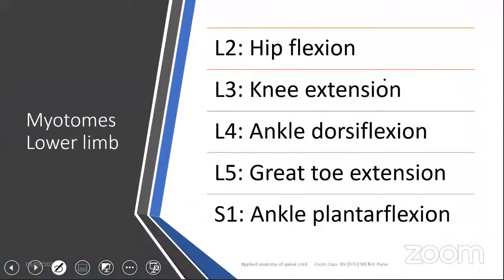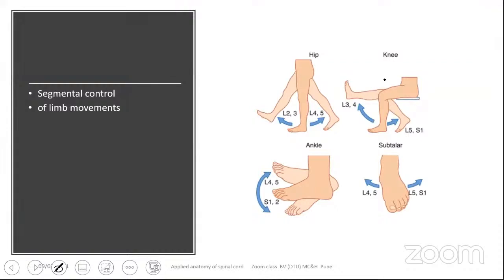And similarly, the elbow joint is showing its excursions, and similarly the wrist joint is showing, along with the digits. In the lower limb, hip flexion is by L2, that is iliopsoas and pectineus muscles. Knee extension is L3, you got quadriceps femoris and all the other muscles. Then the ankle dorsiflexion is L4 and L5 is great toe extension, and S1 is ankle plantar flexion. And you can see the L2, L3 movements, L4, L5 movements, L3, 4 movements, and this L5, S1 movements, this L4, L5, dorsiflexion, S1, 2, plantar flexion, inversion and eversion.